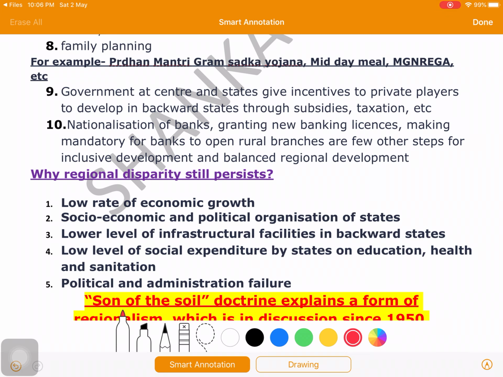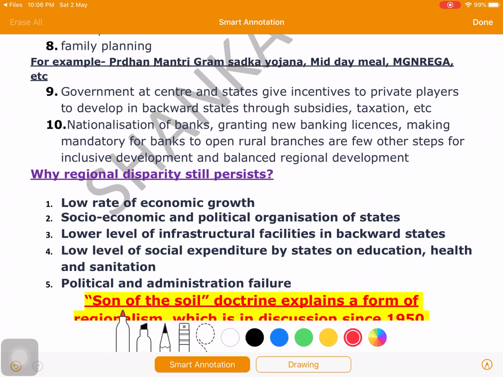So, going by the statistical data, low rate of economic growth is one of the main reasons, even in India, that makes it possible for this regionalism to still exist.